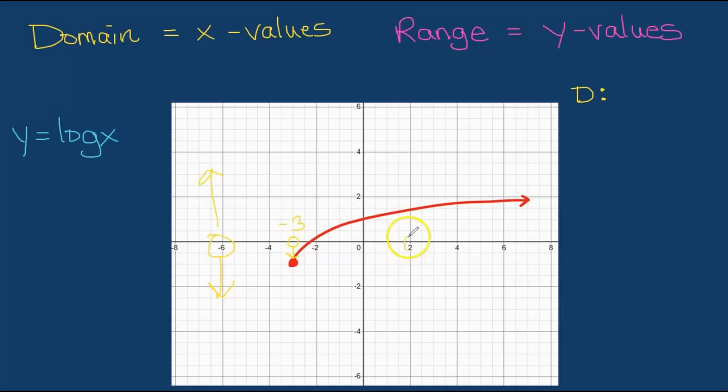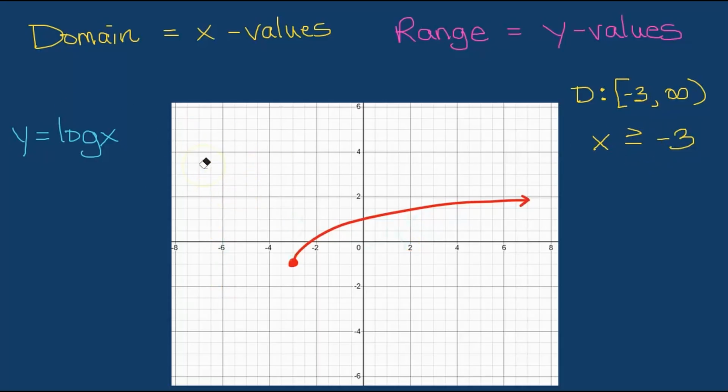But after that, it's going to hit all the numbers above -3. So we can write that it includes -3 and goes up to infinity. We could also write it as inequality notation where x is greater than or equal to -3.